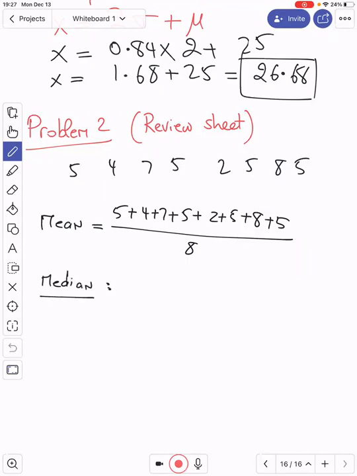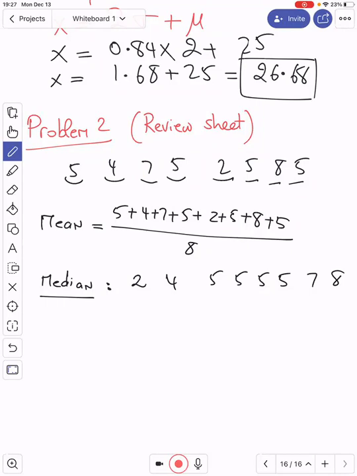So for the median, guys, you need to order the data values from the smallest to the largest. The smallest number here is 2. Next, we have 4. Next, we have four 5s: 1, 2, 3, 4. And then 7, and then 8.